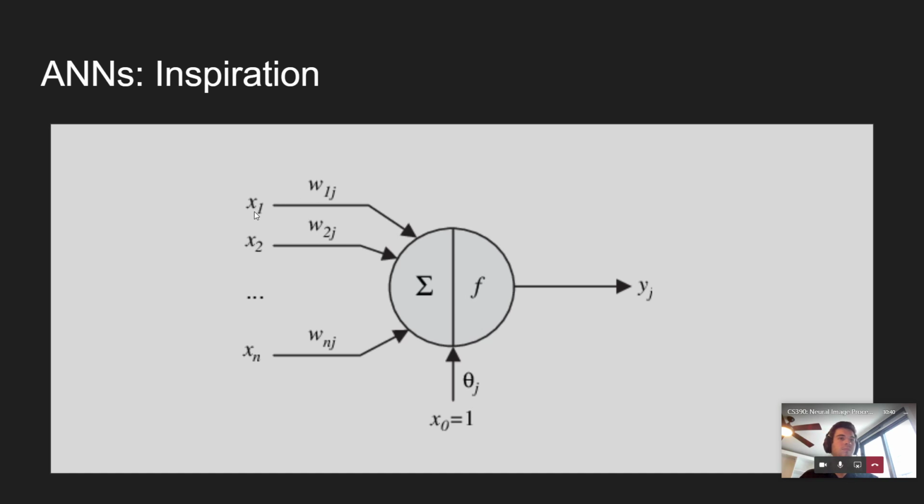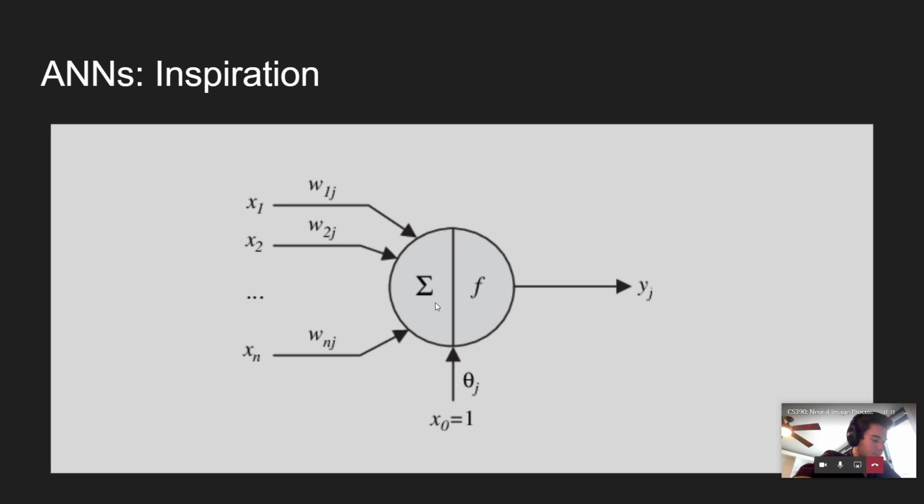We have x1 through xn, and they have w1 through wn for this neuron J. And that is very interesting because it kind of models what we were talking about with the closeness of the dendrites. So these weights are going to symbolize the importance that that particular input has on this neuron.